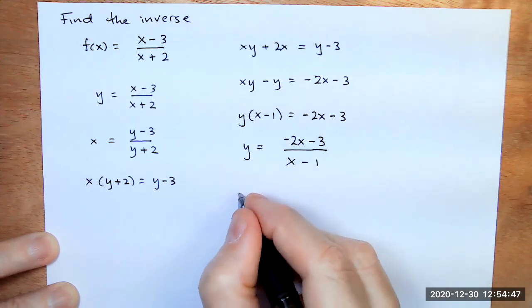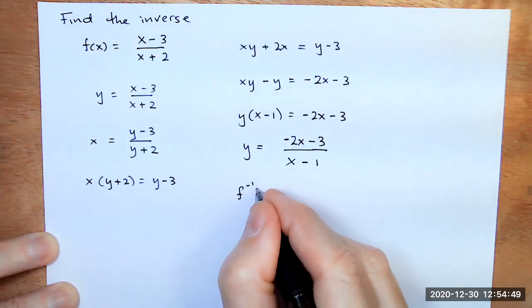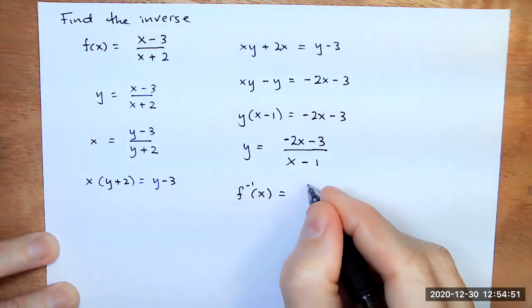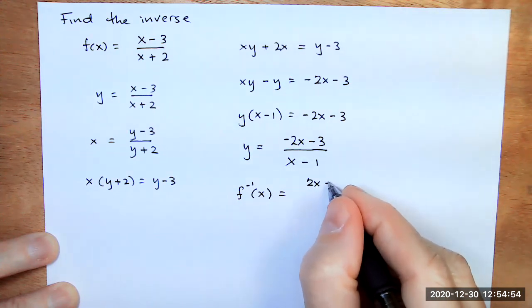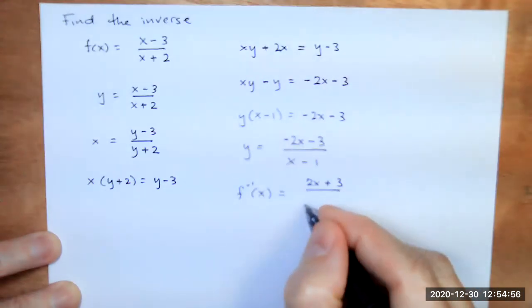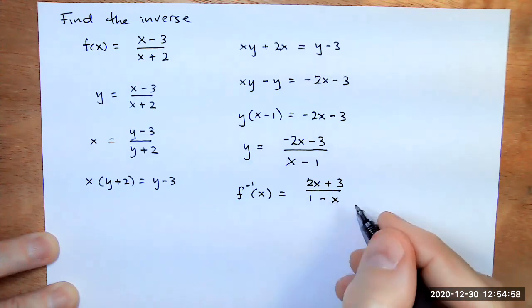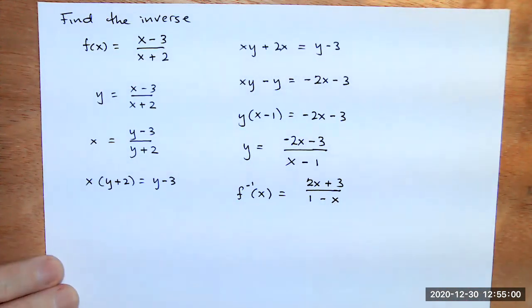And if you wanted to make it pretty, you could factor out negative 1. And there you go.